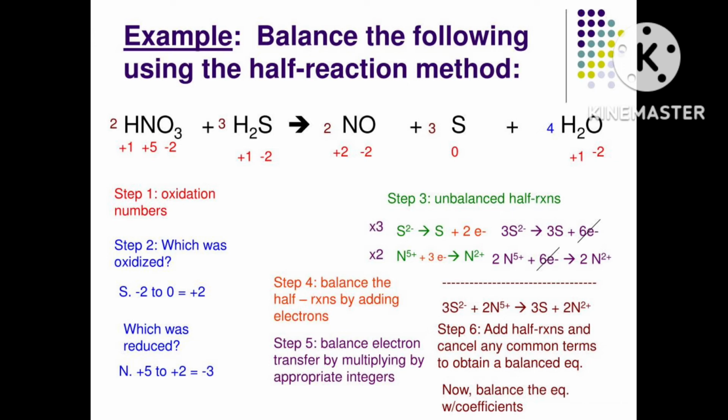Now come to the reduction. Before writing the half reaction, you balance it atom wise, for both processes. For the oxidation process balance it atom wise, and for the reduction process also balance atom wise, and then you write the half reaction, half reaction oxidation and half reaction reduction.